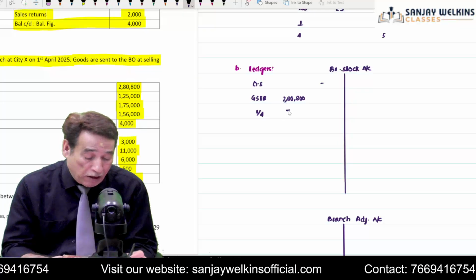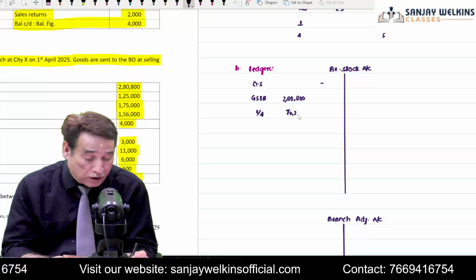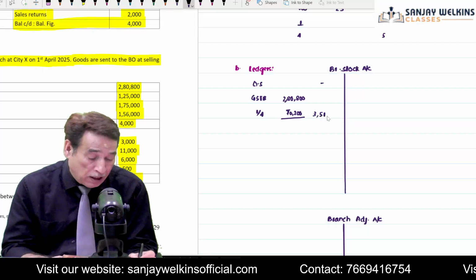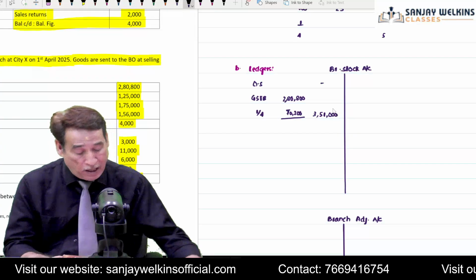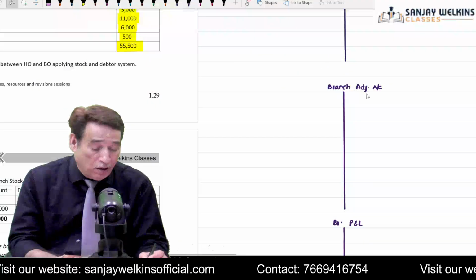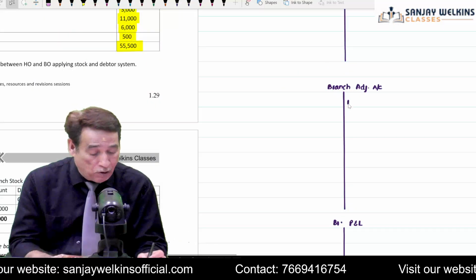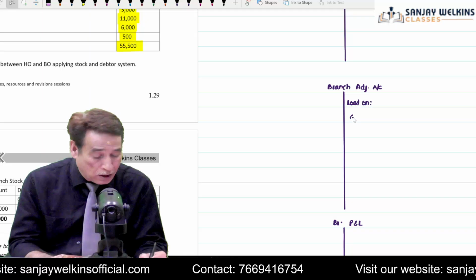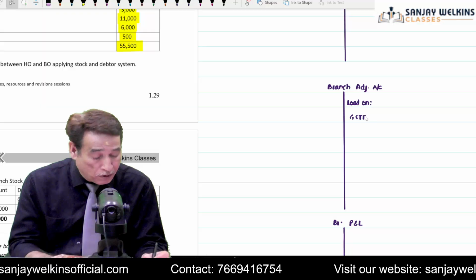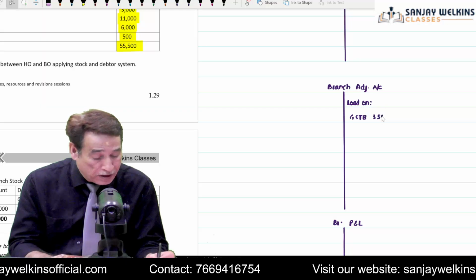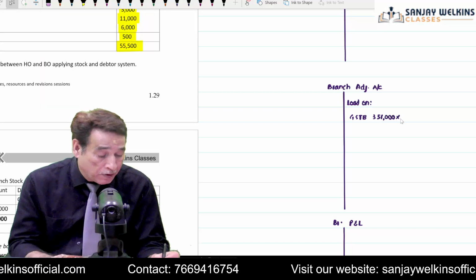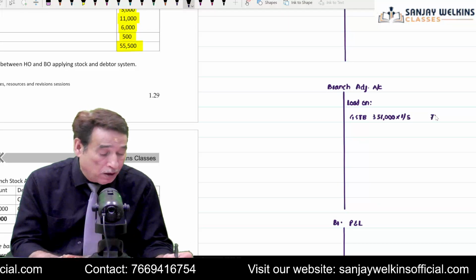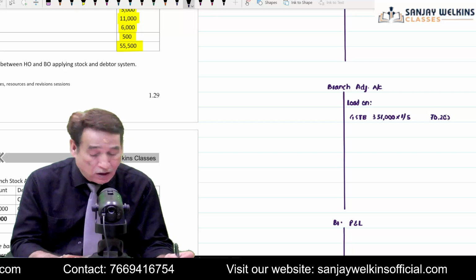Applying 1 by 4, it equals 70,200, so at invoice price it is 3,51,000. Is it clear to you? On the opposite side, I will write loading on goods sent to branch account. The invoice price of goods sent is 3,51,000, and the rate of loading on invoice price is 1 by 5, so you get the same amount, 70,200, as the margin.